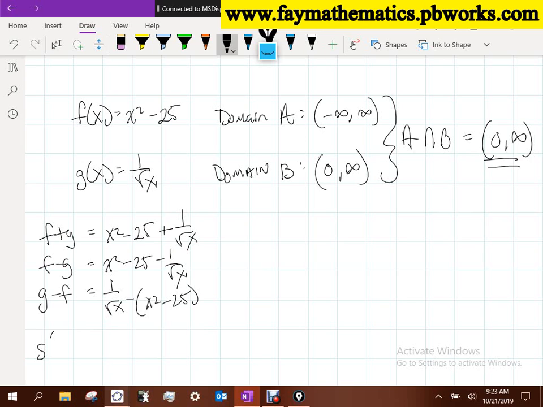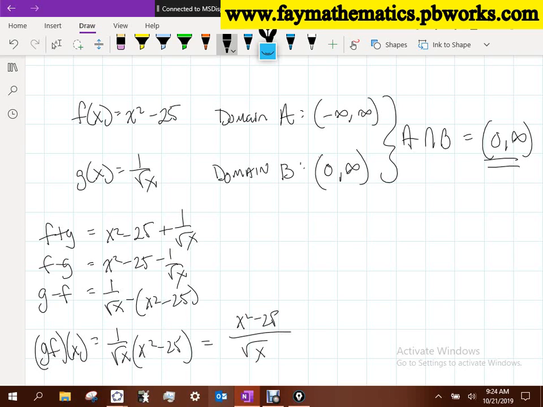If I do g times f, write it this way. G times f of x, that's going to be 1 over root x times x squared minus 25. So that gives me x squared minus 25 over root x.